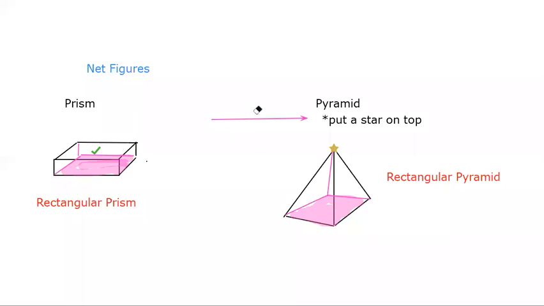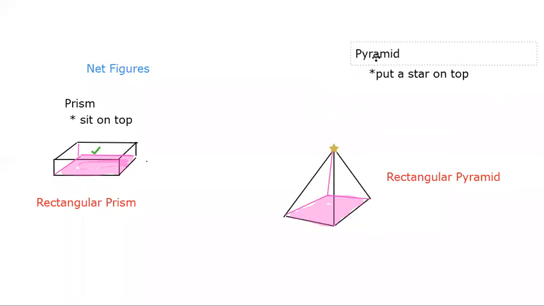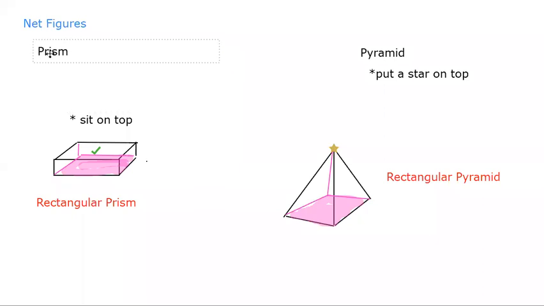I don't want it clouding up. Might bring this over. These are our net figures. Prism is something someone can sit on the top of.